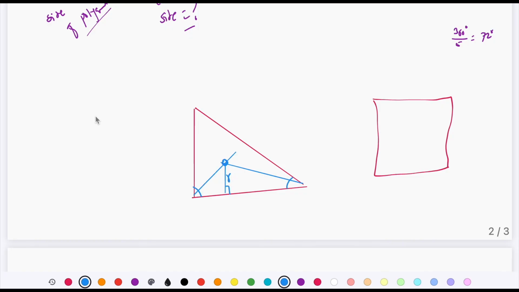So the two requirements to draw a circle are, first, the center, and second, the radius. Those two requirements we have satisfied. So take this center and this radius in a compass, and draw a circle. That circle will touch all the sides of the polygon.